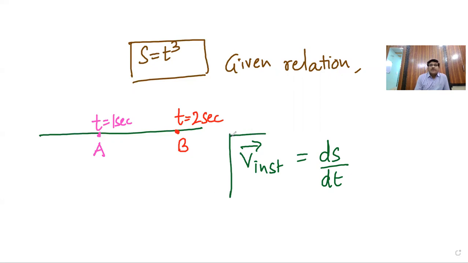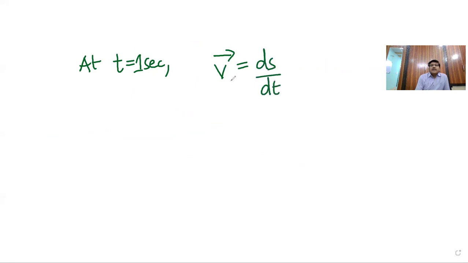This is the formula. Clear? Now observe. At t is equal to 1 second, we require the velocity. What is the formula? V bar is ds by dt, the instantaneous velocity.